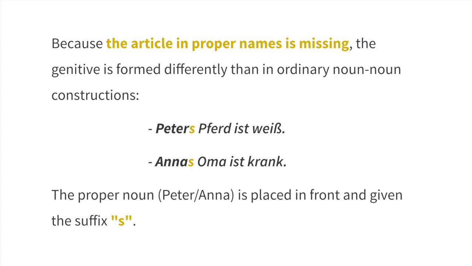Peters Pferd ist weiß. So Peter's horse is white. Or Annas Oma ist krank. Anna's grandma is sick. The proper noun, Peter and Anna, is placed in front and given the suffix s. This was the first way to create the genitive.